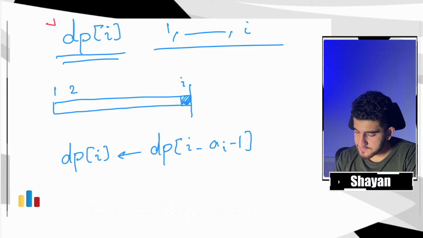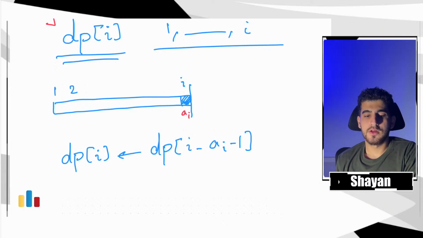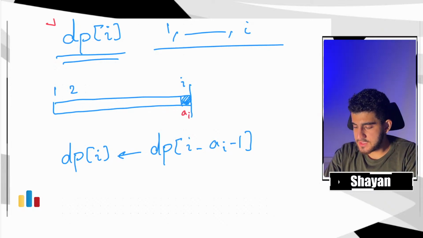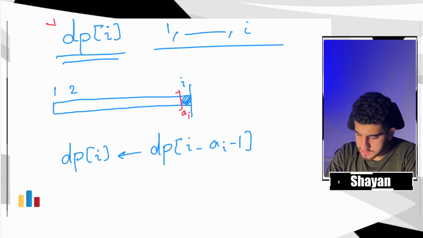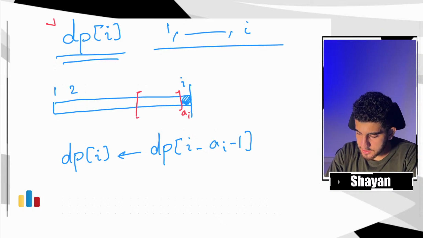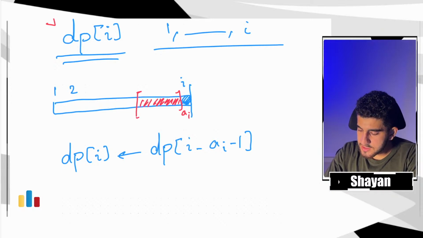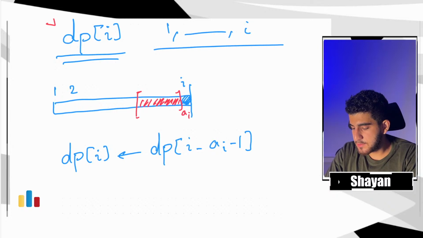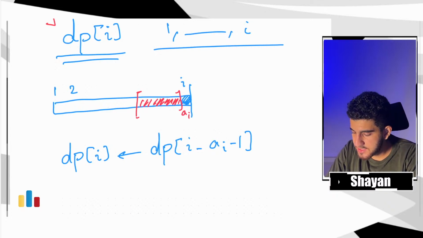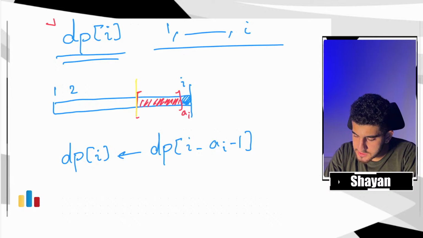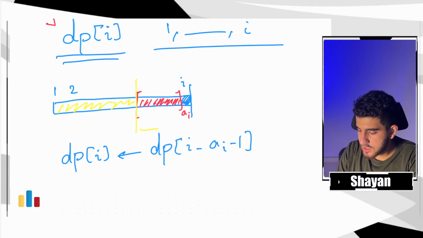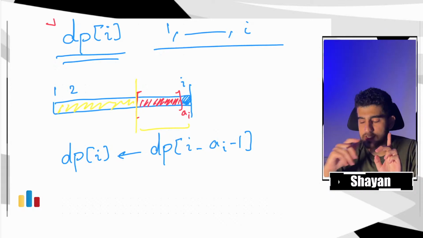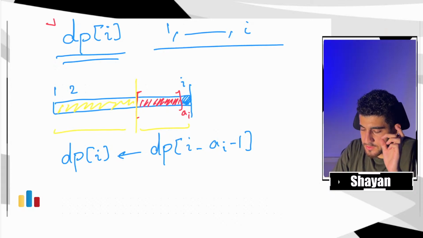Why? Because we know that this index is a sub I. So what we can say is that if this is the size of the last segment, the segment must be in here and its size is a sub I. So I know that this way my last segment is this, and the rest of the array needs to be solved here. After this yellow part, I have exactly one segment, and now recursively this part must be solved.